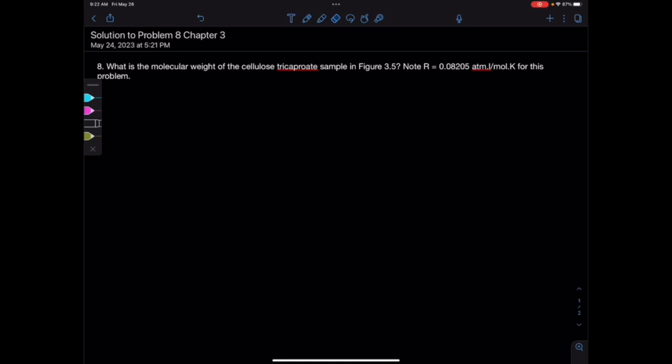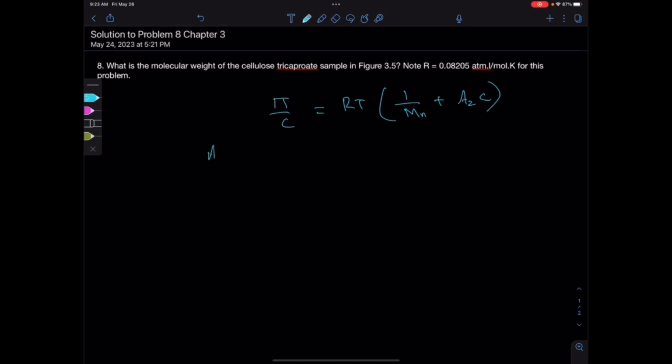So let's write the equation. Pi by C equals RT times 1 over Mn plus A2C. And A2 is the second virial coefficient. So at theta temperature, A2 is equal to 0.